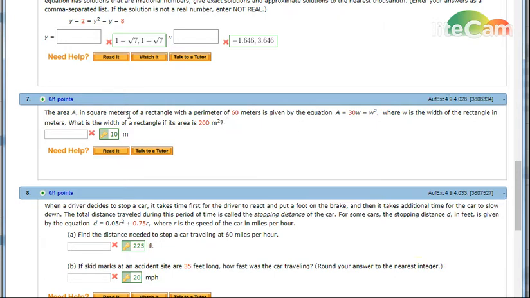Okay, so let me just go back over this. We're given a perimeter of 60. There's an area formula, and then the perimeter is 60. We're asked to find the width of a rectangle with the area of 200 square meters.